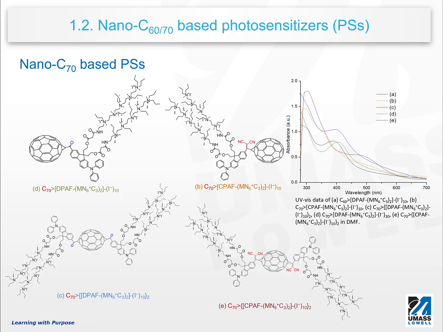If we change ketone to dicyanyl, then the absorption band will shift to longer wavelength. And if we have more moieties, then the absorption intensity will increase. And those four types of photosensitizer might have better potential in the application of photodynamic therapy.